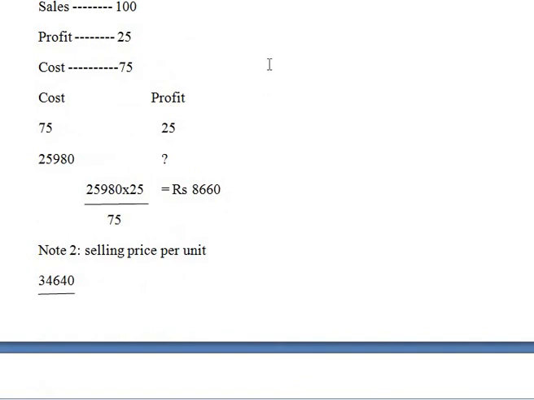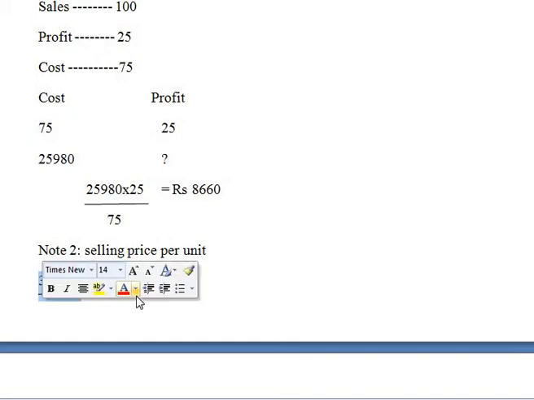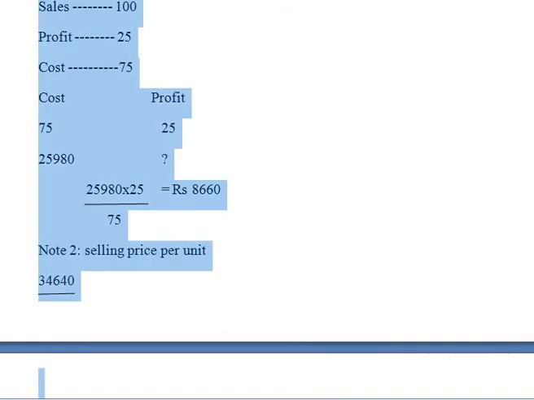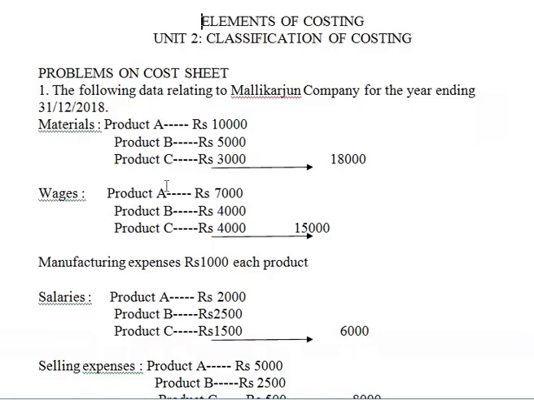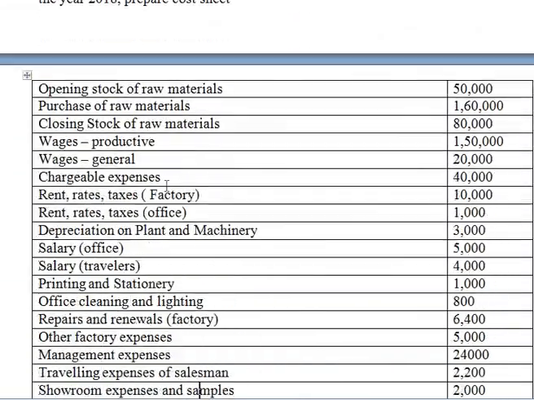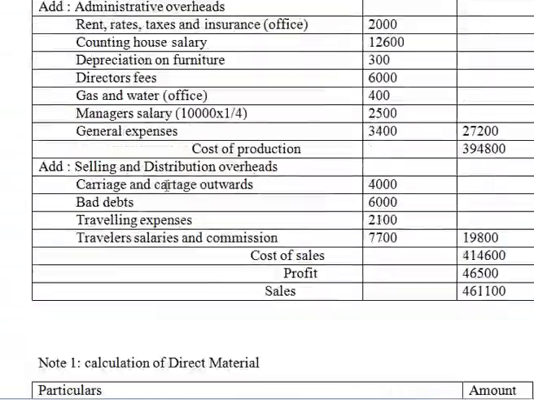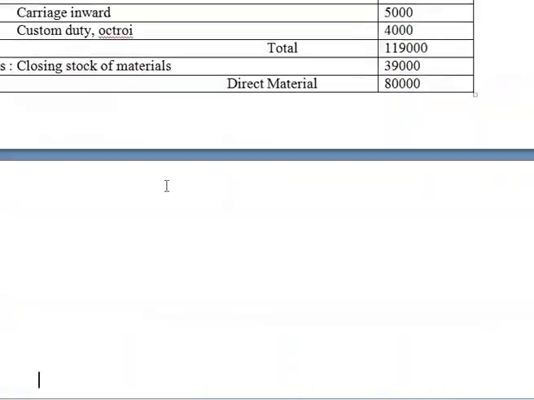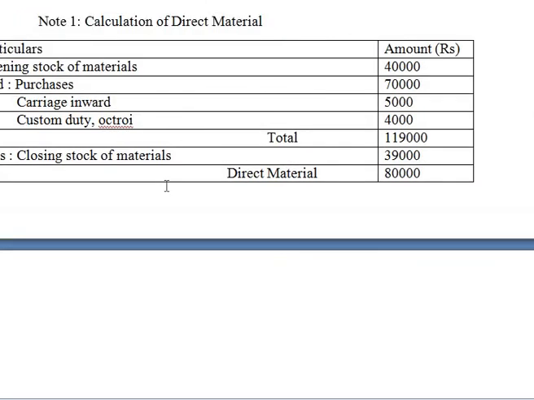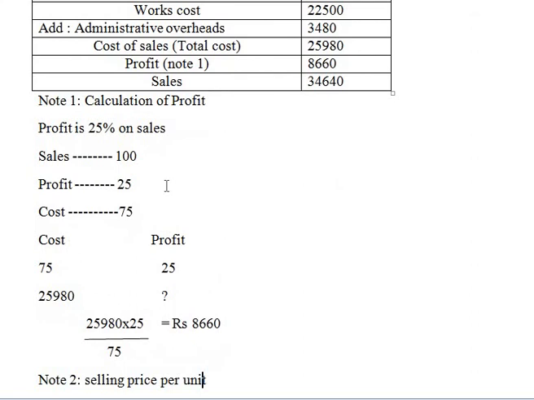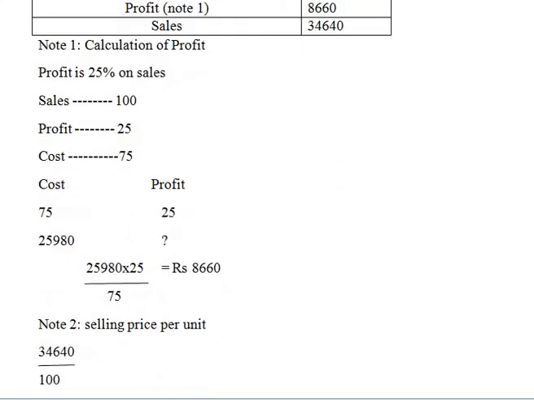So sales divided by 100 units equals 346.4 rupees.